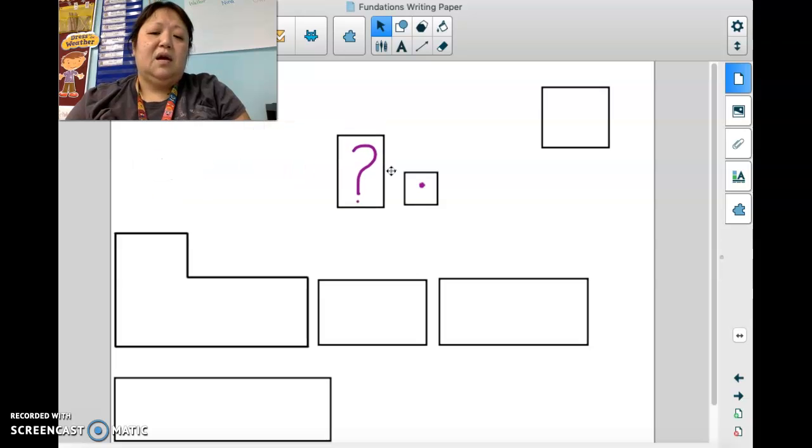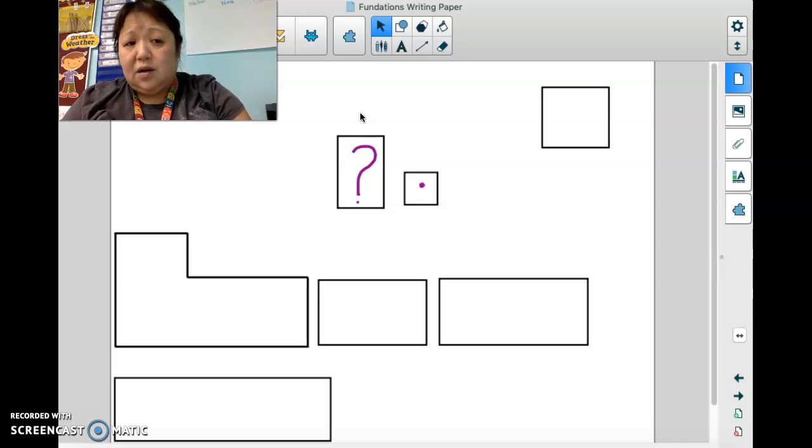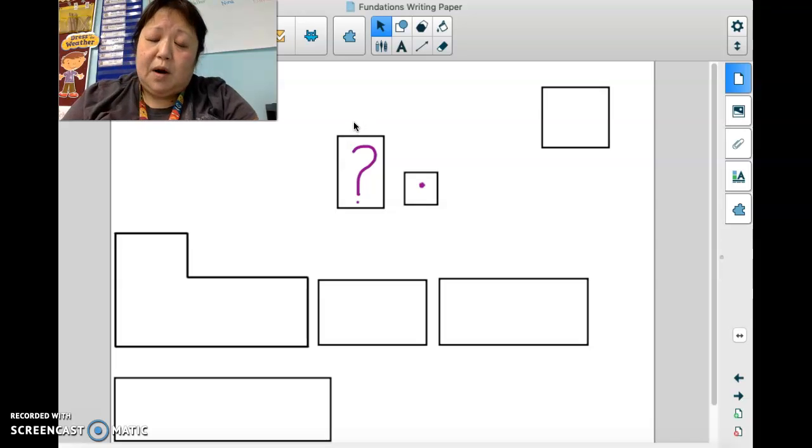This symbol here is also a punctuation or end of a sentence symbol. But this one means something slightly different. Whereas this one means I'm telling you something, this one means I'm asking you something. You may already know this, but this is called a question mark. So question marks are at the end of a question or something that you are asking, like, do you have a dog?